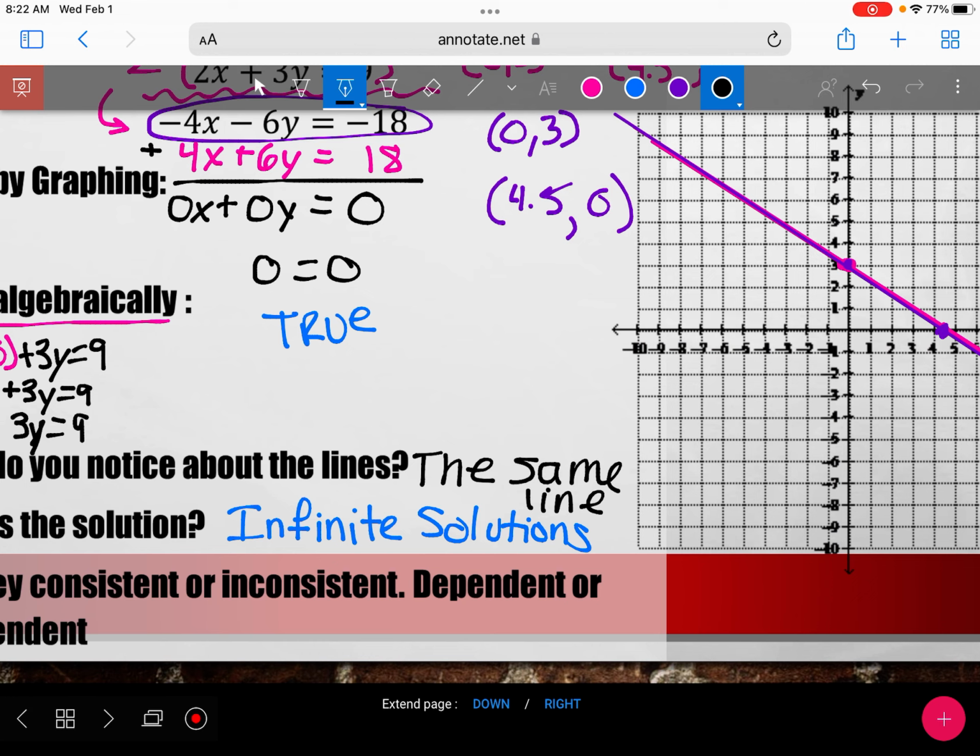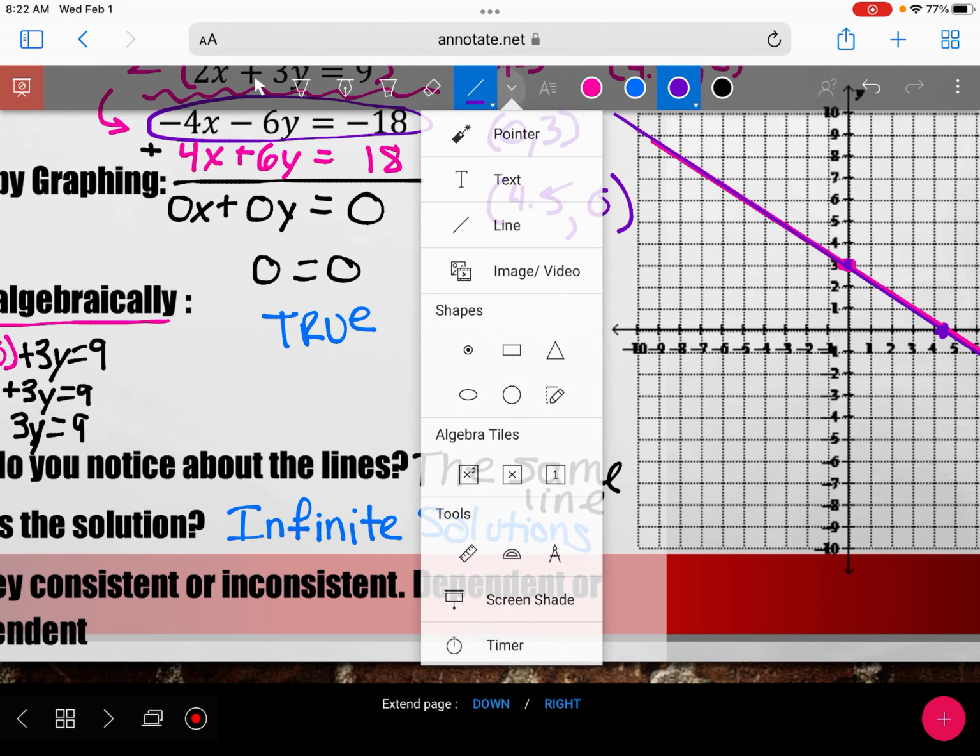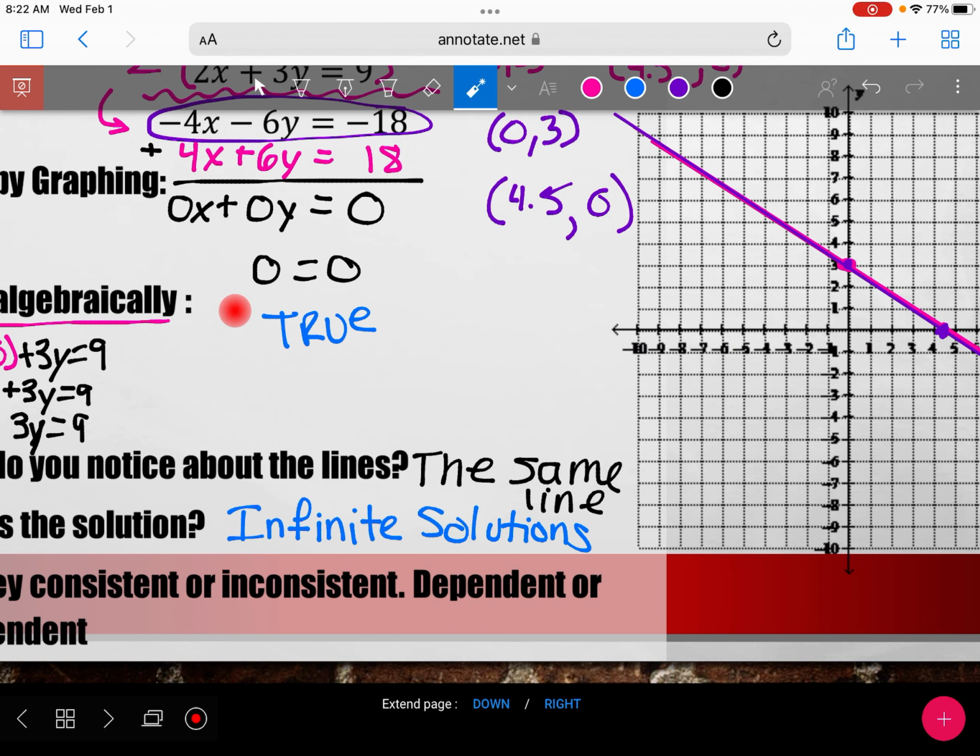Or, they be matching. They're twinsies. If you get something that is inherently true, no matter what x is, no matter what y is, it means we have an infinite number of solutions and we're graphing the same line twice, one on top of the other. I've got it up here in pink and in purple. They just stacked.